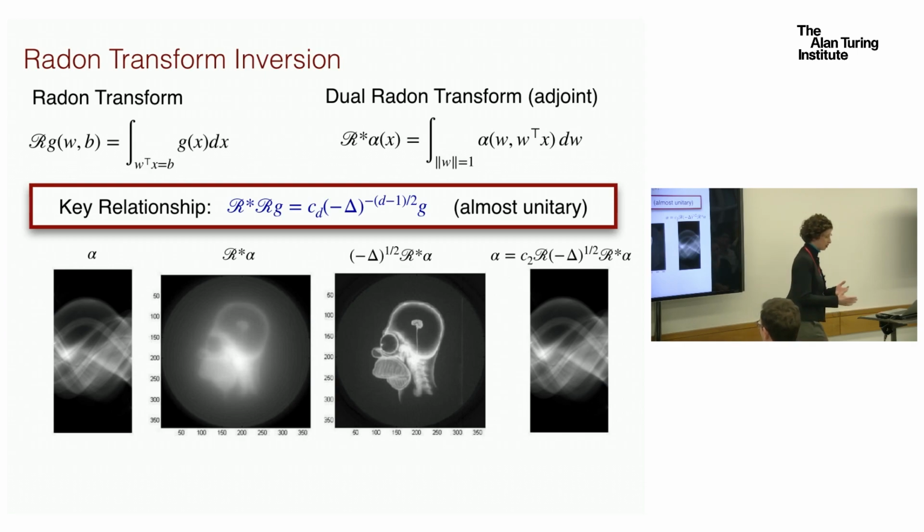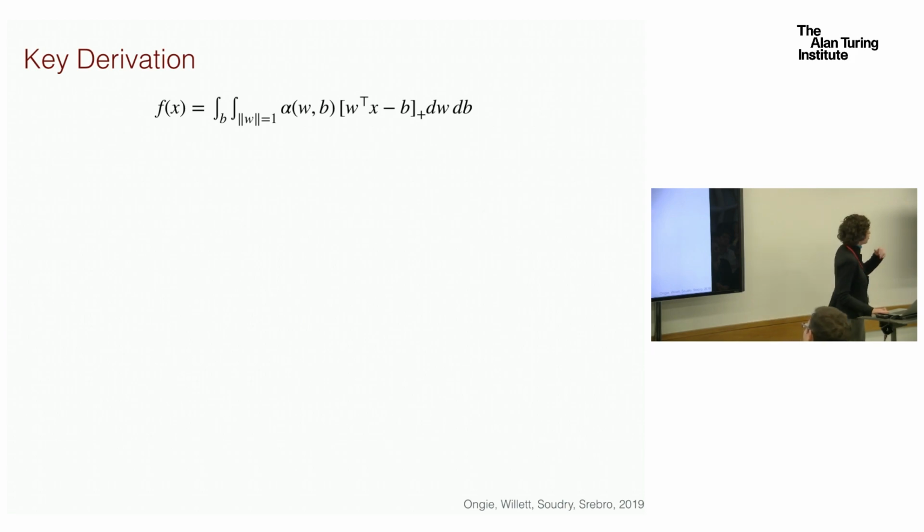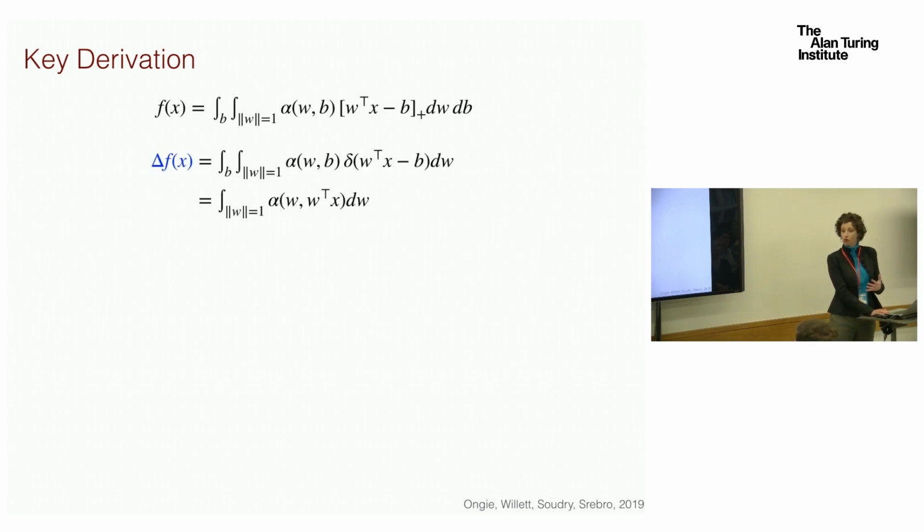And here's how I'm going to use this now. So we go back to where we started. Here's my representation of the function represented by my neural network. And I take the Laplacian of that, and I note that the Laplacian of that is simply the dual radon transform of my measure alpha. And remember, the name of the game is to figure out what alpha is, because the L1 norm of alpha is my regularization function.